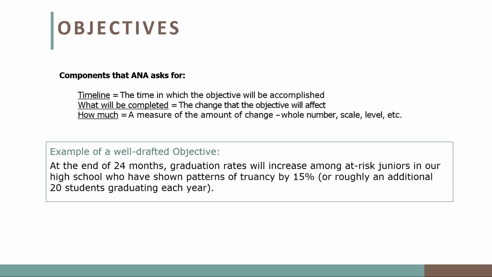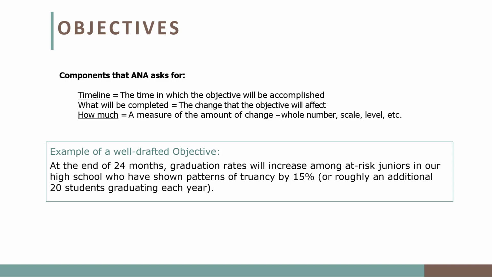Let's try another. Remember objectives? ANA wants an objective to have a timeline, a statement on what will be completed, or in other words, changed, and a measure of how much change will occur. This is found in step 3 of the NOFO, which you must be referencing to fully understand the elements.